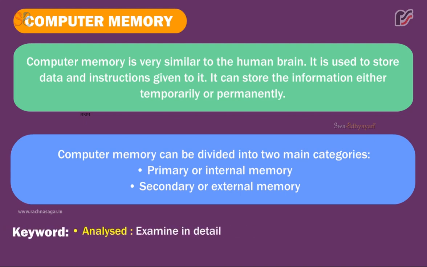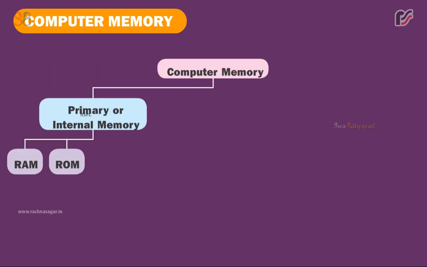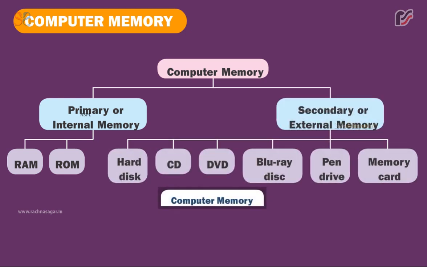Keyword: analyzed, examine in detail. Primary or internal memory includes RAM and ROM. Secondary or external memory includes hard disk, CD, DVD, Blu-ray disc, pen drive, and memory card.